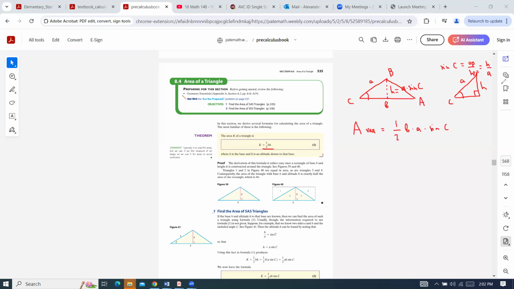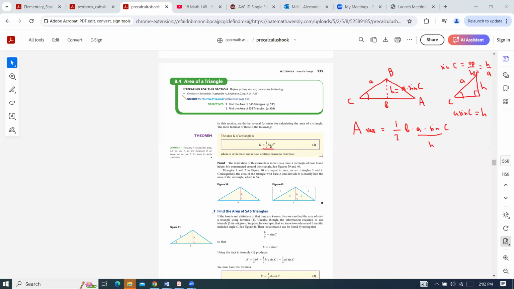And that way we can replace it. If I multiply both sides of this by A, I get A sine C is equal to the height, and that's exactly what I had replaced my height with here.